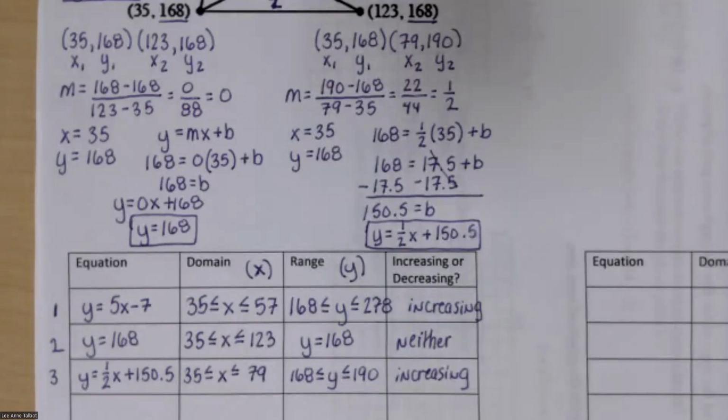Okay, once you're done with that one, try the one that's going downhill. And just put your own over here. So you guys, the downhill one, you're going to expect the slope to be what? Negative.